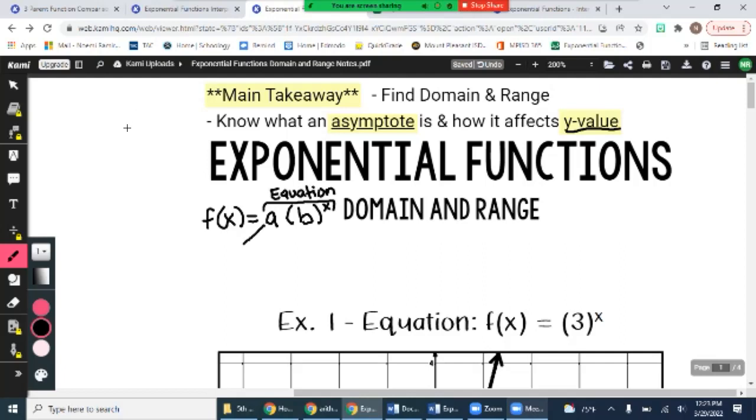Now, the variable A has a couple of different names. One of the names is an initial value. Initial, and I'm just going to put V period. Initial value. If you see the words initial value, beginning, starting point, anything like that, that is because you are grabbing this same exact number from a word problem.